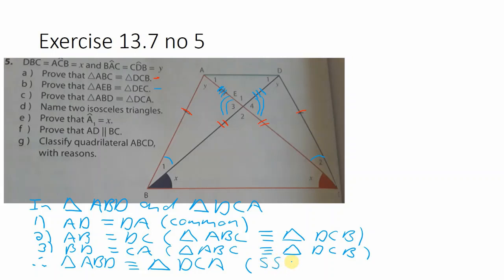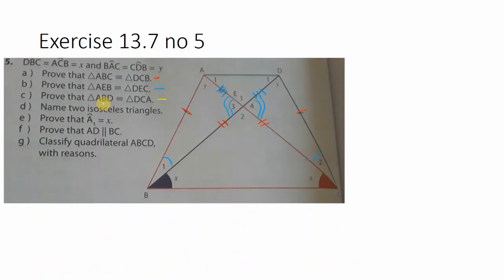So it's side, side, side. Now that we have proven that triangle ABD is congruent to triangle DCA, let's see which additional properties we can indicate.